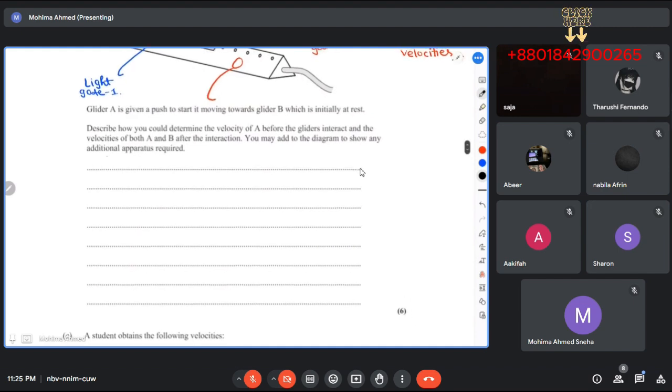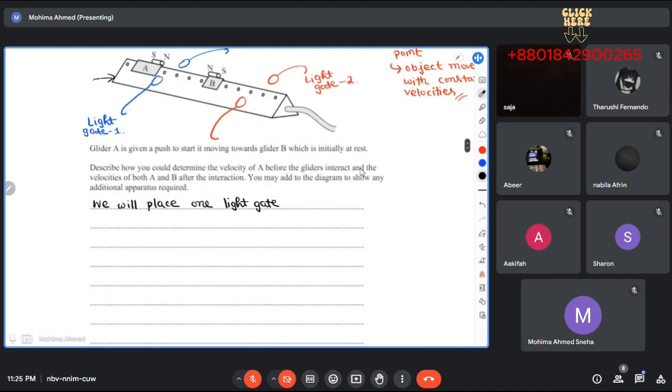We place one light gate at the left corner of the air track, and it will measure the initial velocity and final velocity of particle A, or glider A.